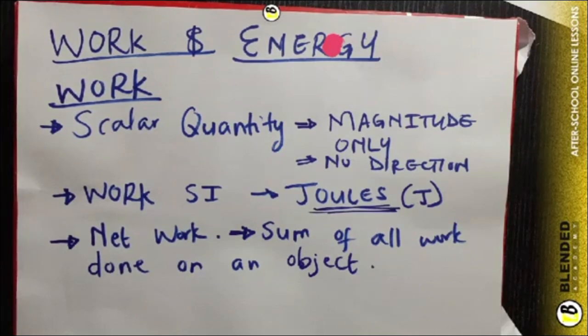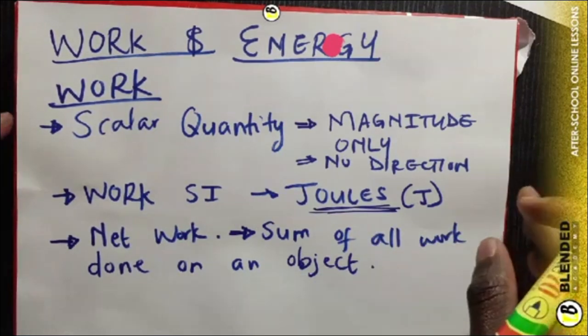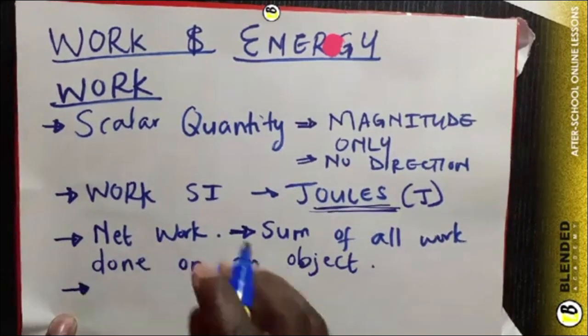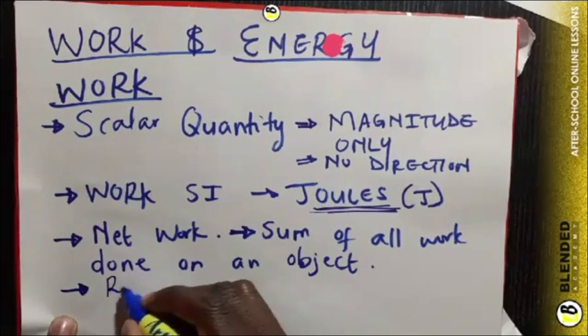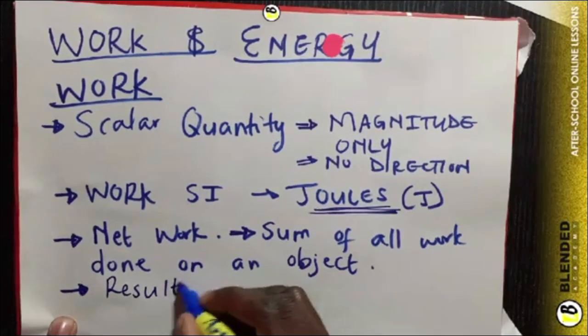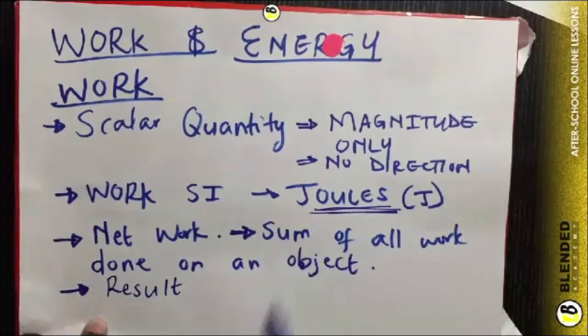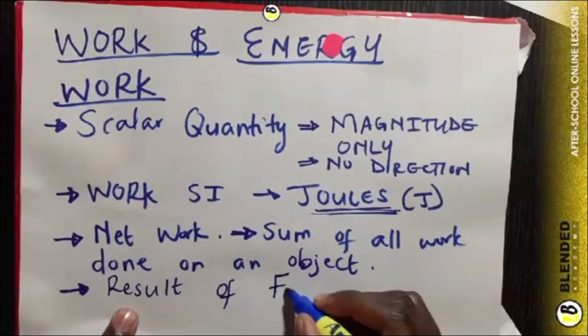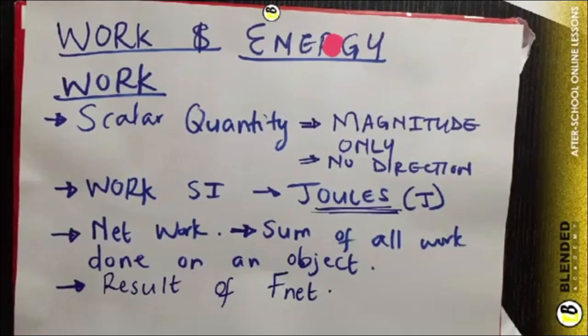So now it's the sum of all the work done on an object. And also it's a result of net force. So this net work is a result of the net force that is acting on that object. Result of F net acting on the object. You understand?